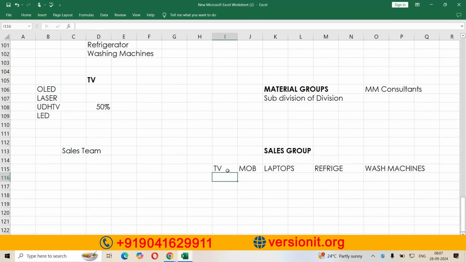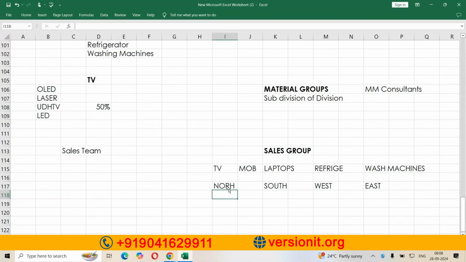Or you can map them as sales area managers. One group will be targeting one particular area, like one group taking care of the north zone, one group the south zone, another group the west zone or east zone. We can have it based on states or based on cities.